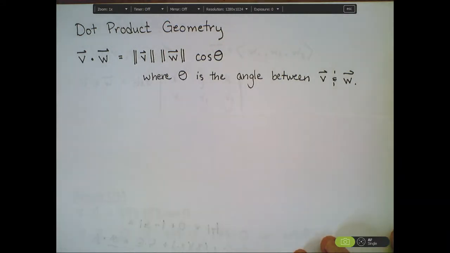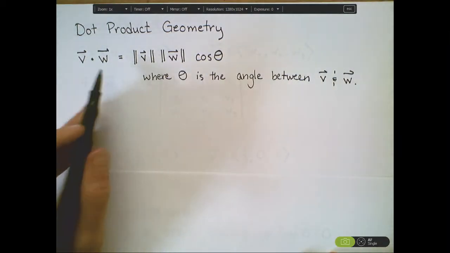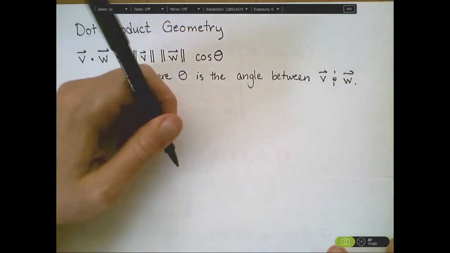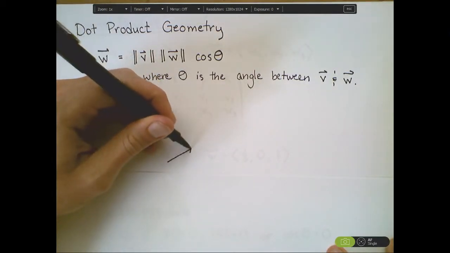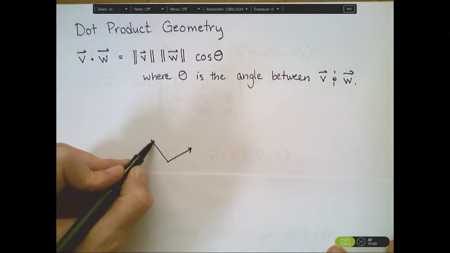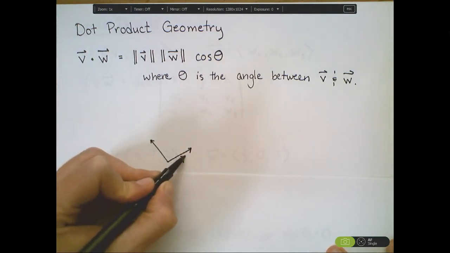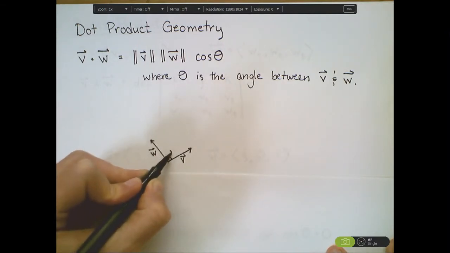So let's think about this for a second. What does that mean in terms of values of the numbers that come out for a dot product? First of all, here we're thinking in three-dimensional space. Let's sort of picture what it's like to have my vector v and my vector w somehow living in three-dimensional space. Here's my vector v, here's my vector w, and here's my angle theta between them.